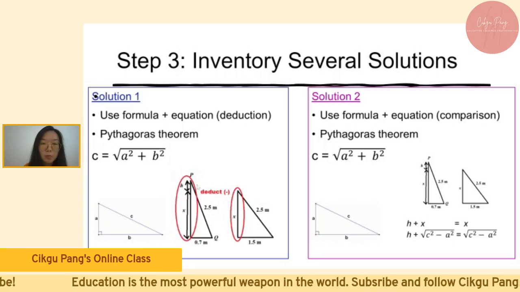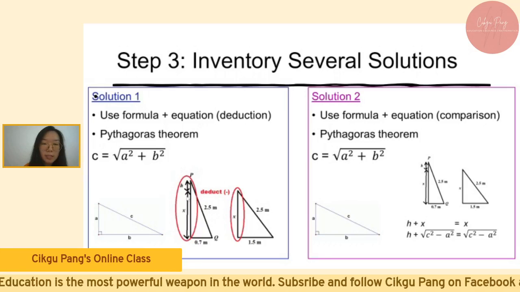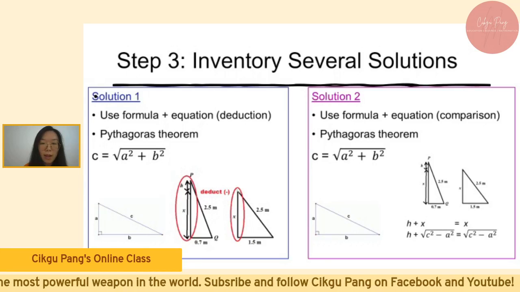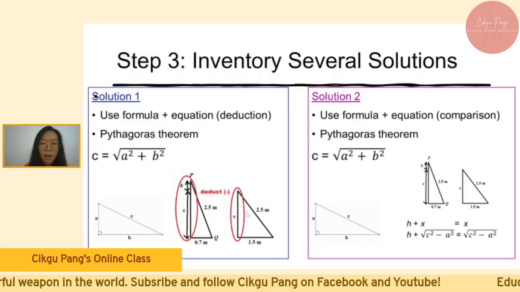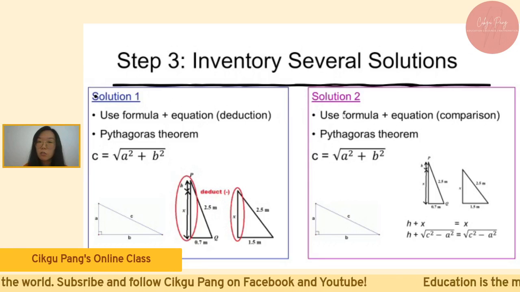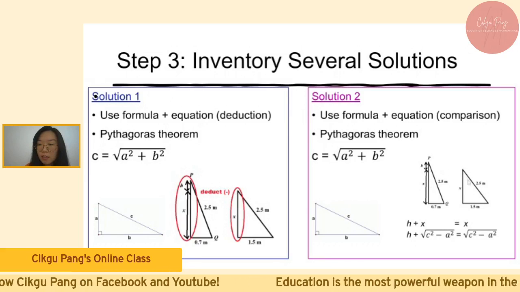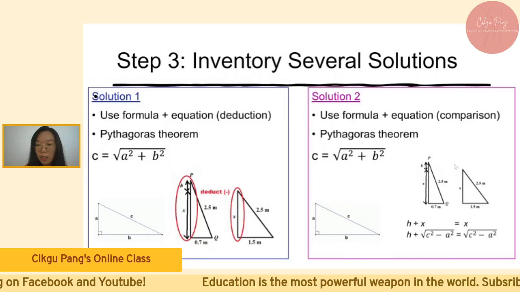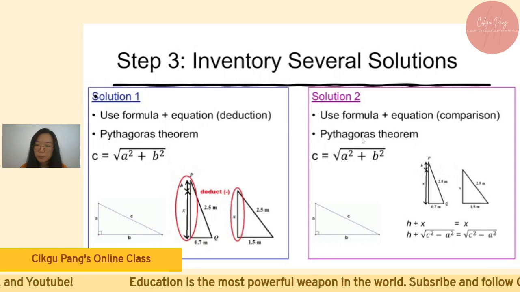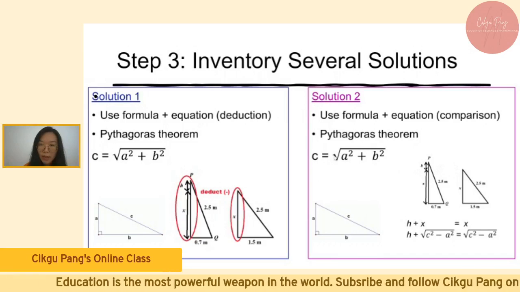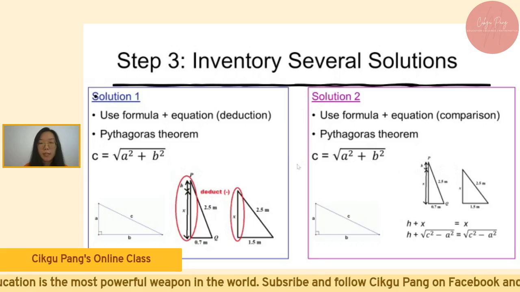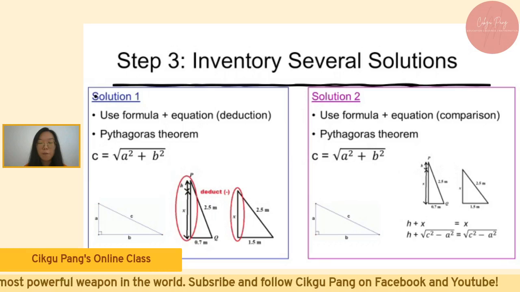That means we use the longer distance minus the shorter distance here. Whereas the solution 2 we can use is comparison. That means we compare 2 right angle triangles here. Okay, then we already have 2 solutions for this problem.